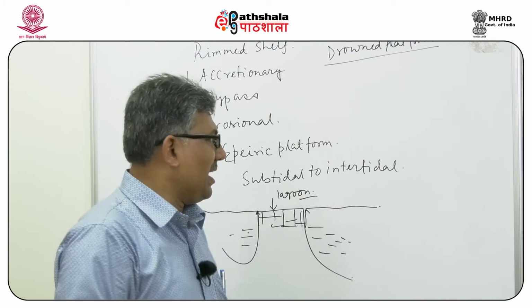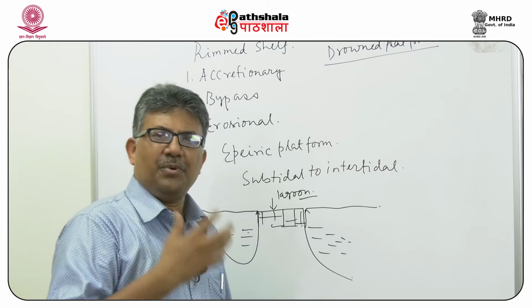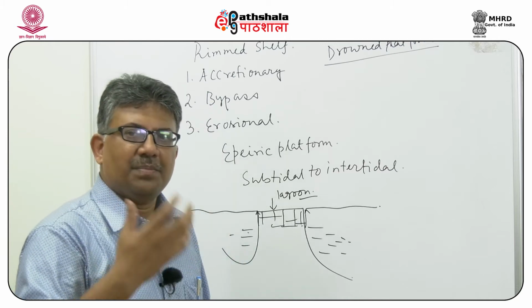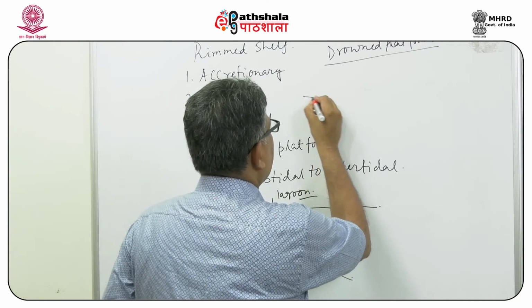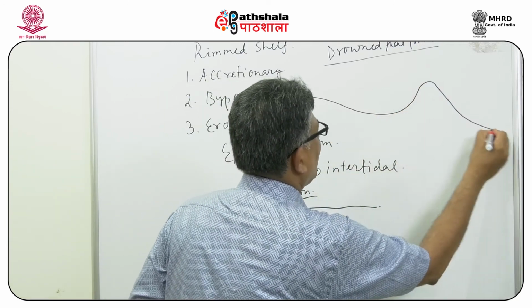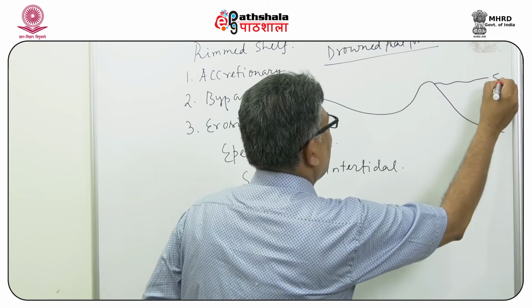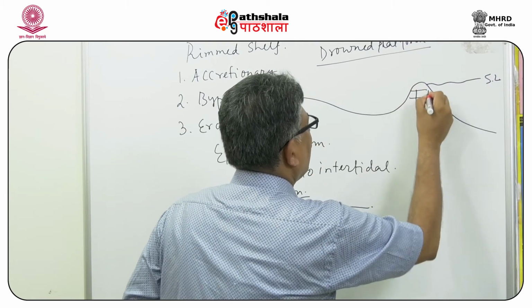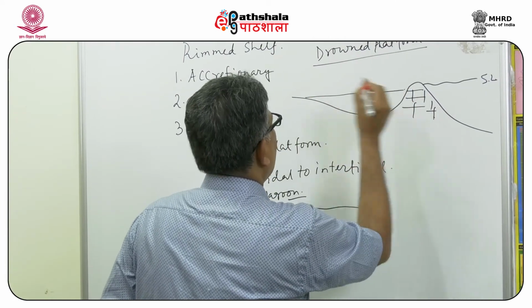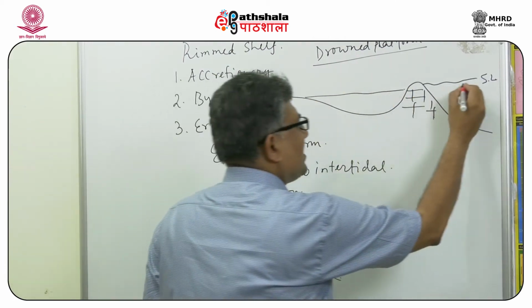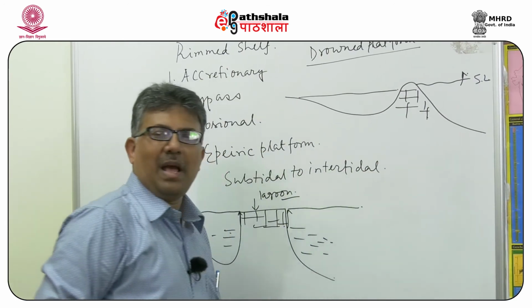And now, suppose we think of a rimmed platform. How is the rimmed platform? As we have already drawn, this is a rimmed platform. You have the sea level, and this is where your reef system is. There is a lagoon. So, suppose sea level is rising, then what will happen?